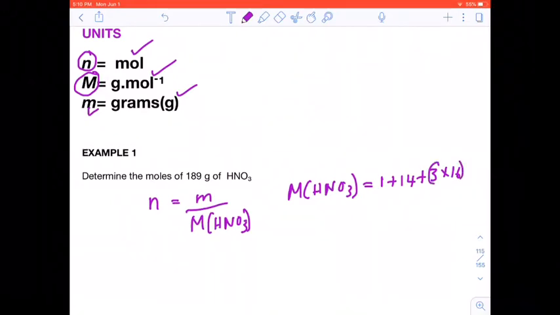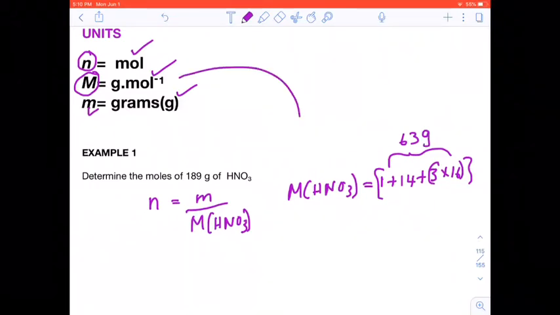That gives us 63 AMUs, which we express in grams, so it becomes 63 grams.